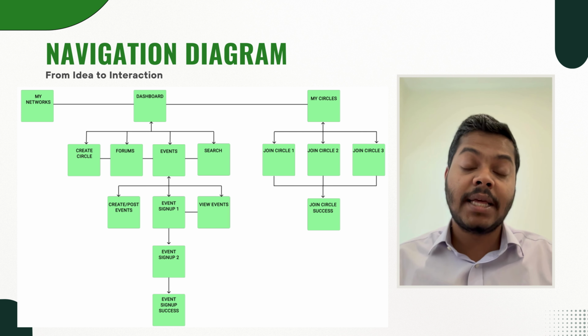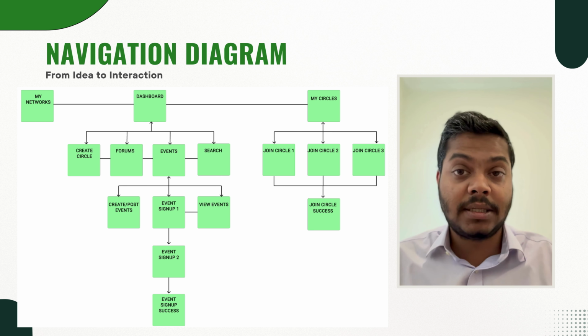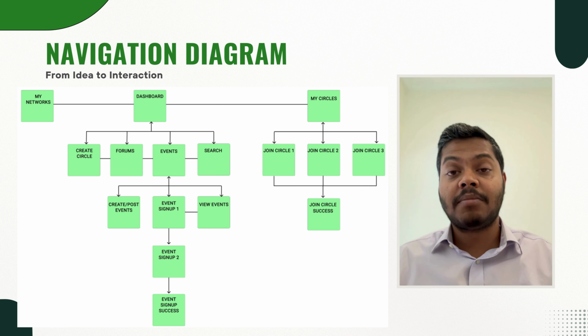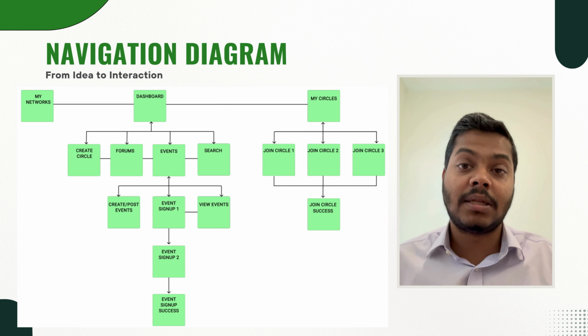So that is why there is a depth given to this navigation diagram, as you can see in the slides here. And it is defined in such a way that it becomes easier for the user to understand how to navigate within this application.